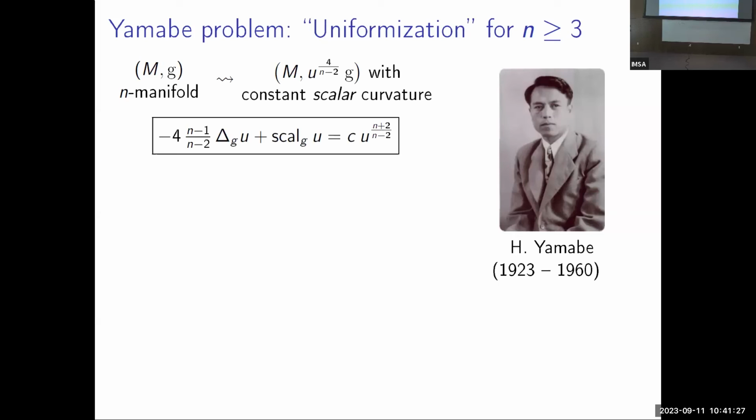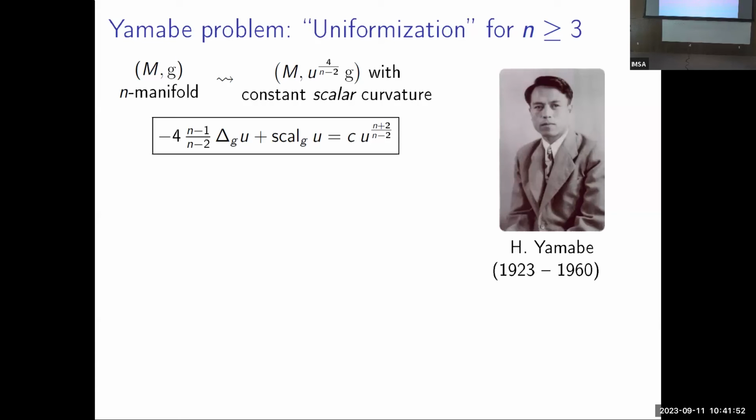Having chosen this special power for u gives you an elliptic equation, a quasi-linear elliptic equation in u, given by this: Laplacian of u plus another linear term, which is u times the scalar curvature, equals this nonlinear term, c u to the power (n+2)/(n-2).